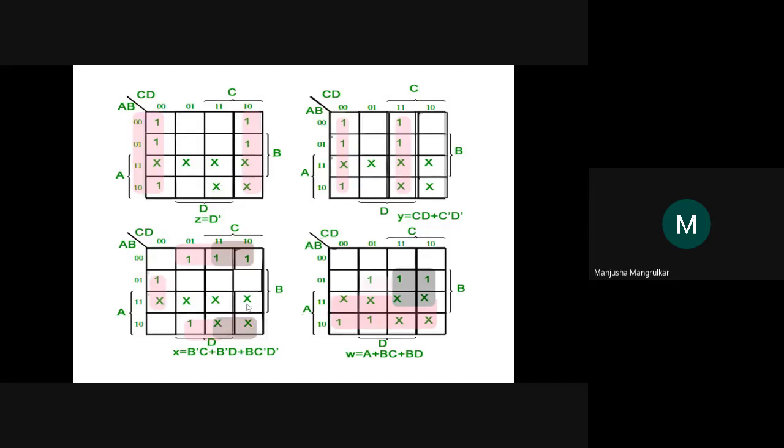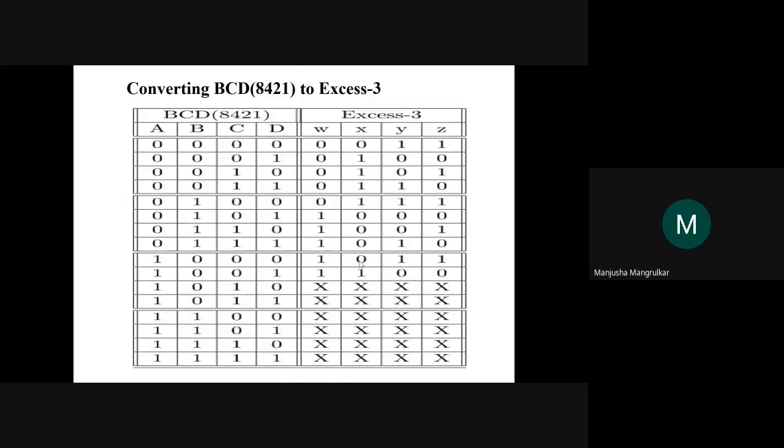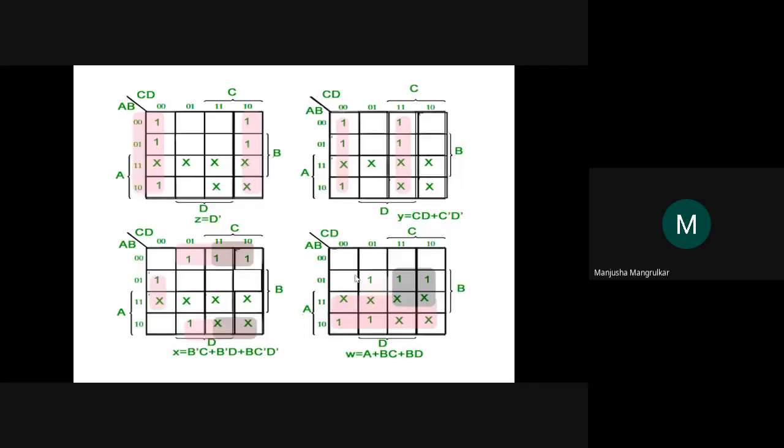So how will we do this? If there were a 1 here, we could make one group of 8 cells, but it is not there.